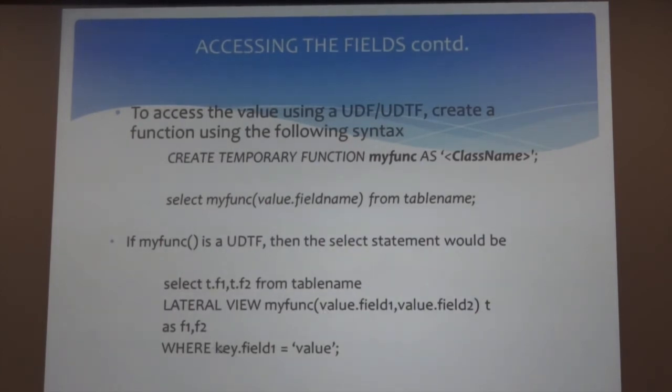But if you use a where clause, where key.field equals something, it's going to open those Protobufs only when this is satisfied. So if you are accessing, for example, where some ID equals something, instead of opening 10 million rows, it's going to open only the rows where ID equals something, which is going to make your query really, really fast.